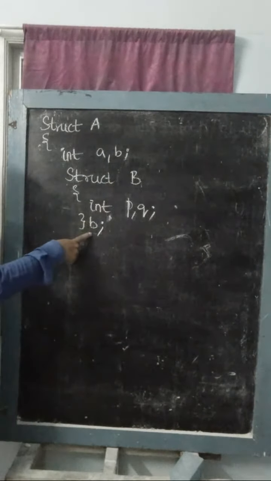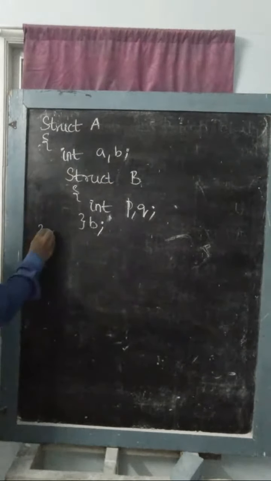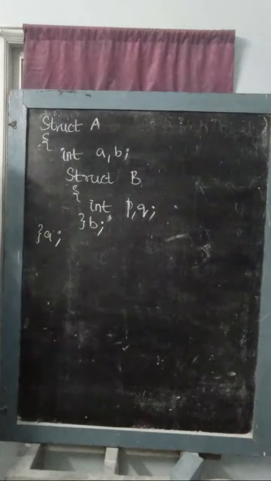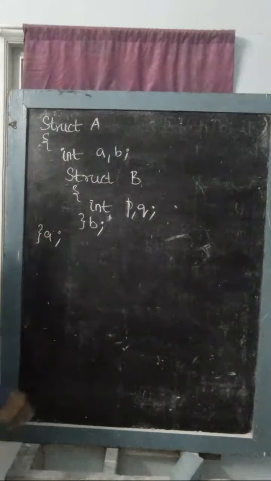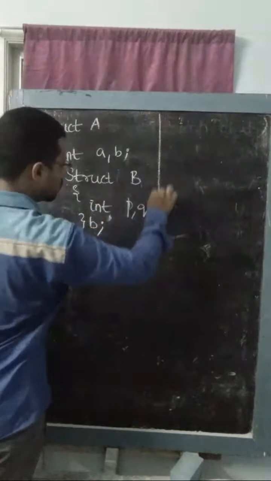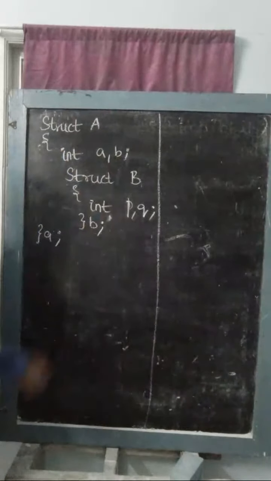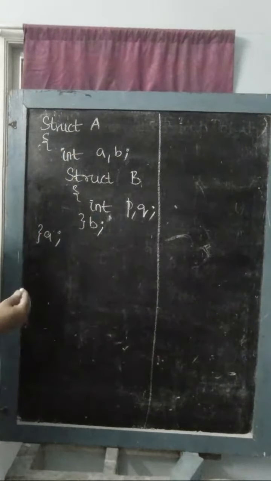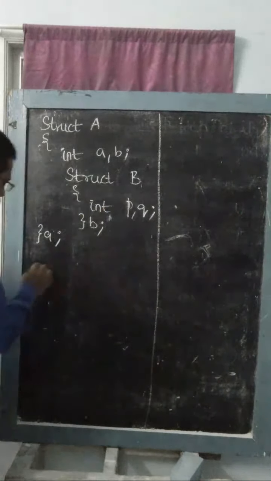This is an object for the B structure, and I am closing the A structure. Small a is an object of the structure A. Now I want to access the structure elements. How can we access the elements if it is nested? That is the thing we are going to see.